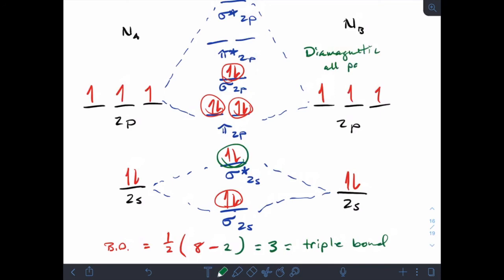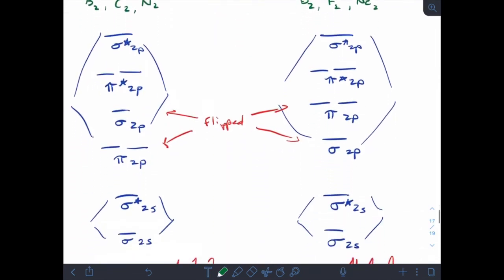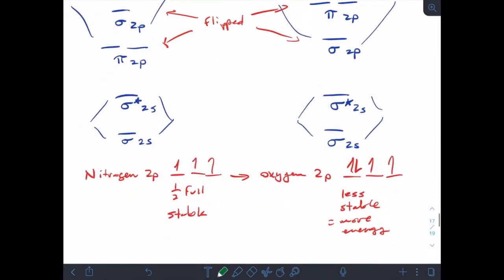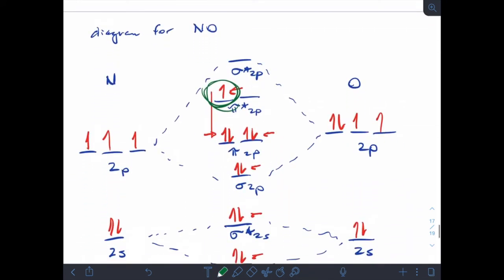All paired. Okay, so that pretty much does it for us in this chapter. We've covered molecular geometries, we've covered valence bond theory, we've covered molecular orbital theory, and all kinds of wonderful things.